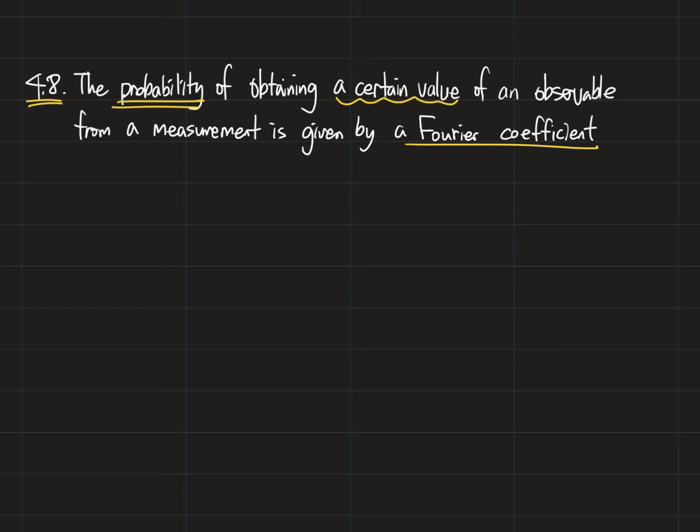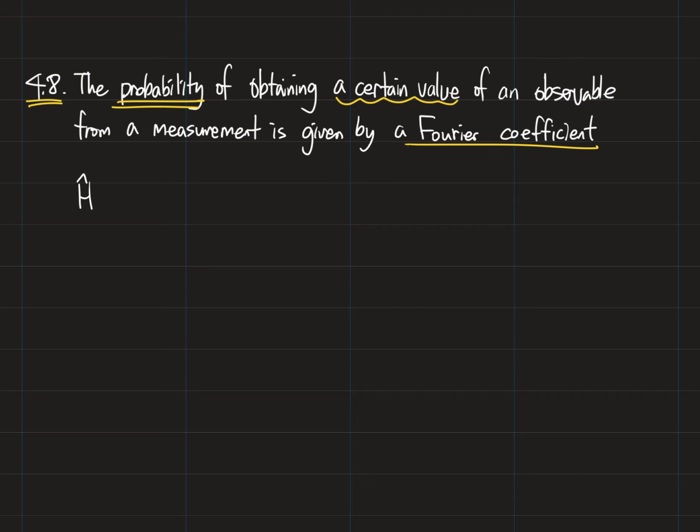So we have established that when we measure an observable like energy or momentum, the only possible outcomes are one of the eigenvalues of that operator, right?